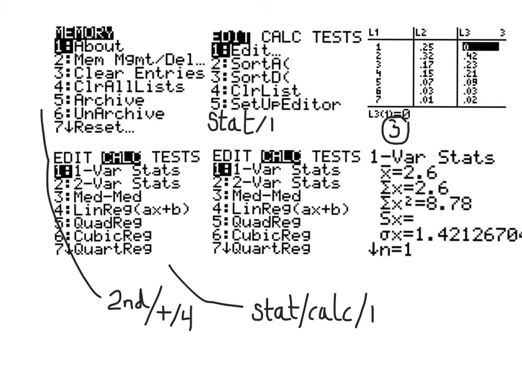which is what I have in list 2, the probabilities are in list 2, the sizes are in list 1, I would choose Stat Calc One Variable Statistics, and then I would have to tell it, okay, I want you to use the numbers in list 1 to represent the values of my discrete random variable.